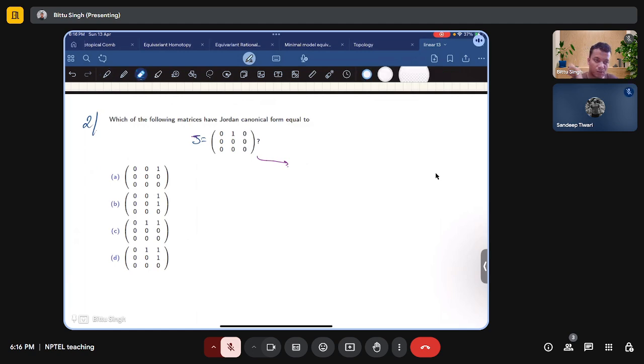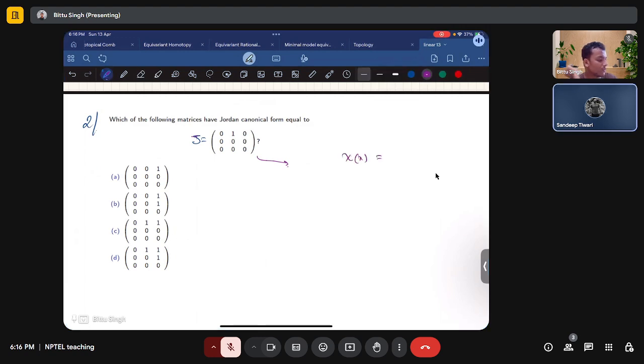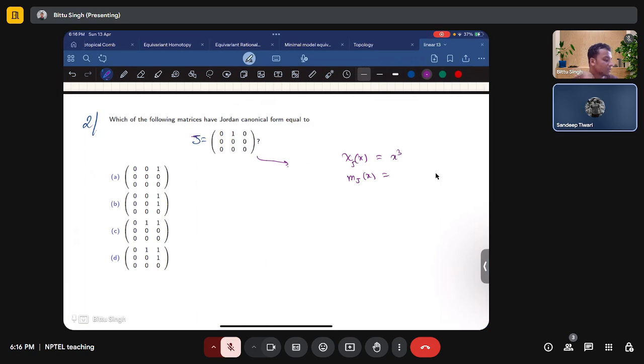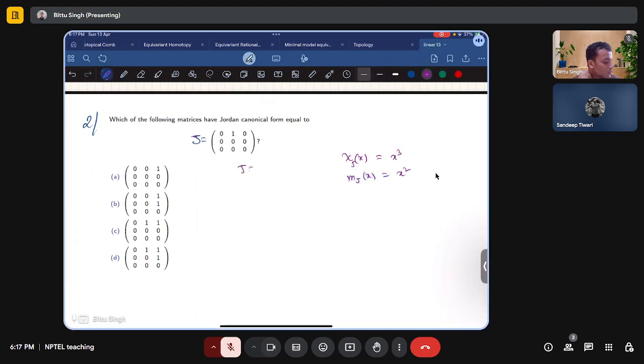All eigenvalues are 0. So the characteristic polynomial of this J will be x cube, right? X minus 0 whole cube, which is x cube. And what is the minimal polynomial of J? X square, because J is non-zero, but we are getting J square is 0.